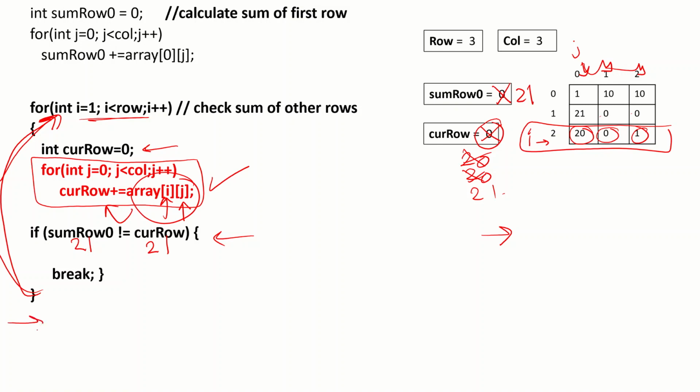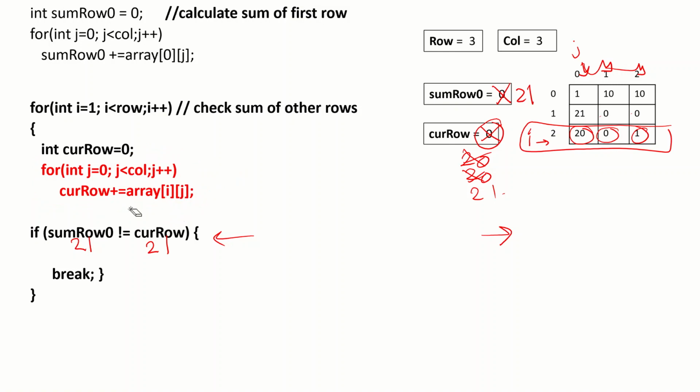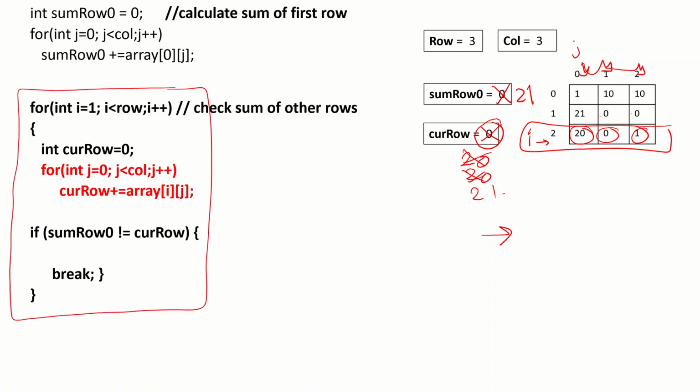So now we will just come to this statement, and we have to mention now, because all of the rows have the same value, this is actually a magic row. If they are not having the same value, we have to mention it's not a magic row. Now, once we have this kind of statement, we need something like a Boolean to find out whether we finished the loop as a result of finding all of the elements with the same sum, or we may have found that it is not the same sum.